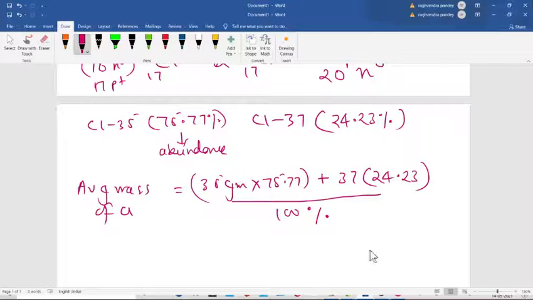So this is your abundance. So 35, 37 and 100. Whatever we are getting is approximately 35.5 gram. So that is called average mass. Are you getting this, everybody?